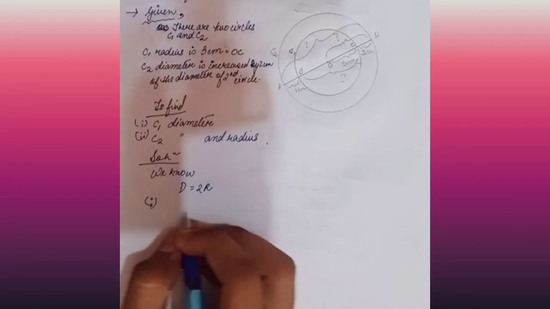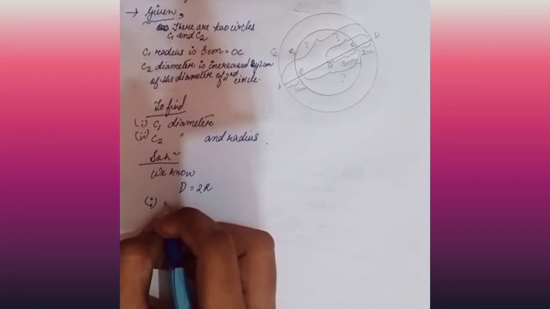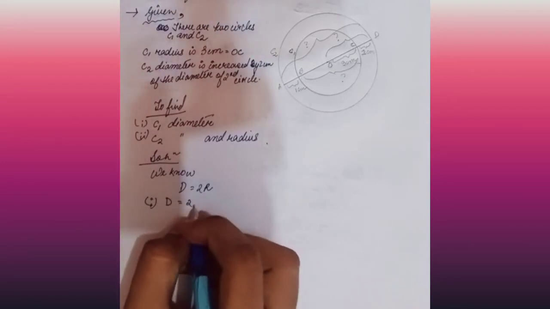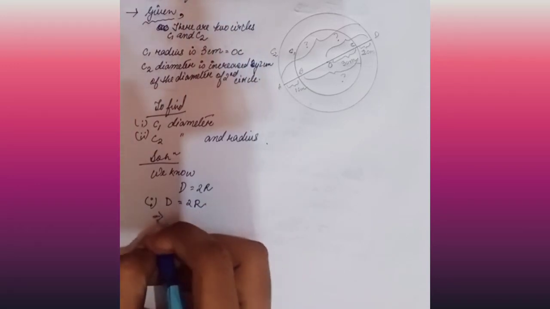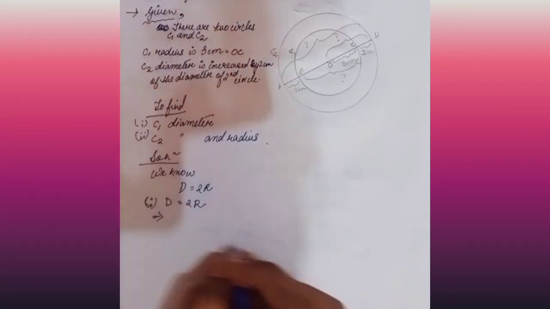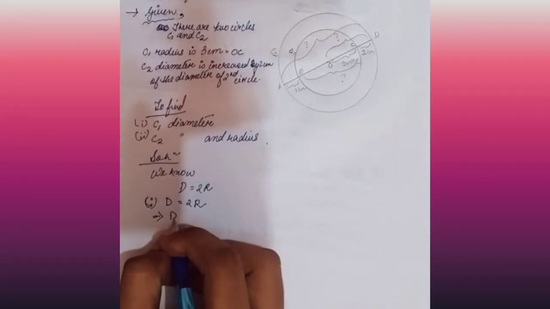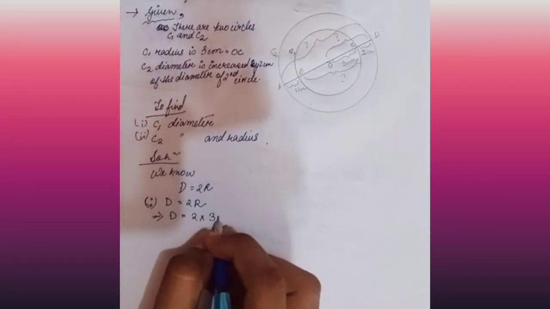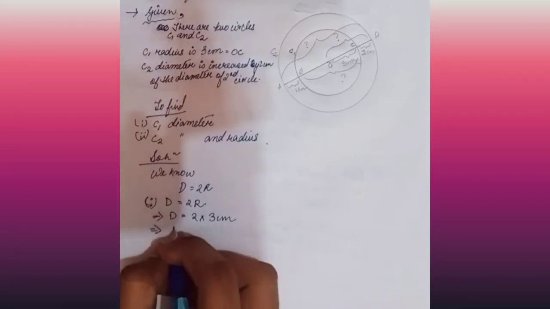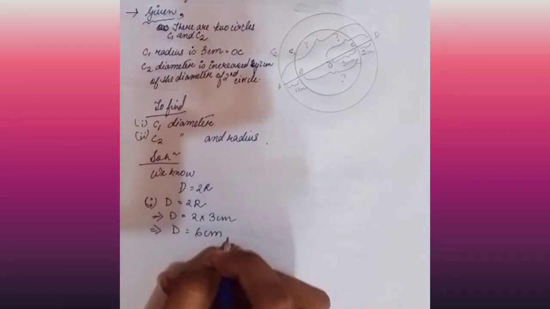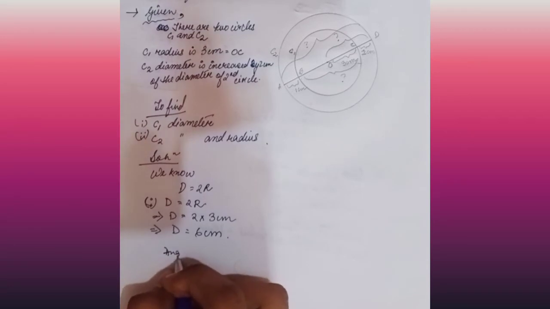In the beginning we write D equals 2R. We have mentioned 1, so no need to write anything at the top. D equals 2 into 3 cm, so 6 cm. Answer at last we will write.